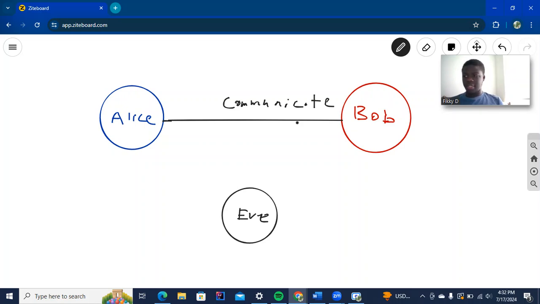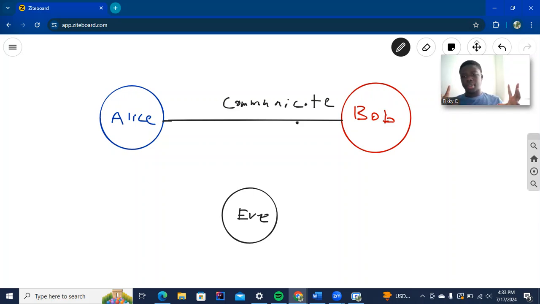This is the idea of public cryptography: we need a means of private communication, but we're in a public setting. So the idea is how do we have this conversation to make it easy for Alice and Bob to understand, but very hard for Eve to understand. That's the whole idea behind public cryptography.